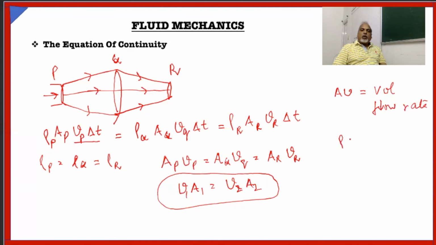And rho into A into V is the mass flow rate.